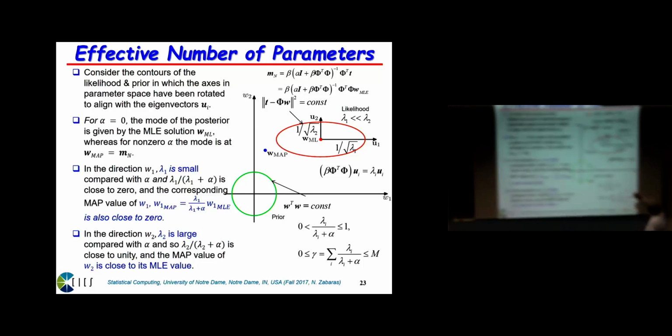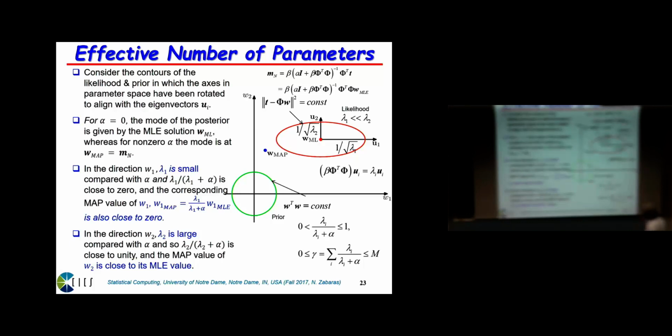So the equation that you see here, I rewrote the MAP estimate. This is the posterior mean, I'm sorry, it's the mode, but since it's a Gaussian it's the same thing as the posterior mean. I wrote it explicitly in terms of the MLE estimate. If you express this in terms of the eigenvectors and eigenvalues, the equation you get is that W MAP is a summation over lambda i divided by lambda i plus alpha times these coefficients Wi, the MLE coefficients.